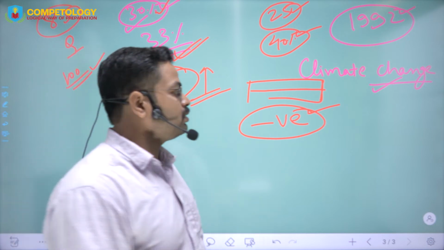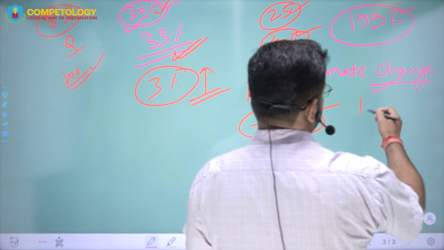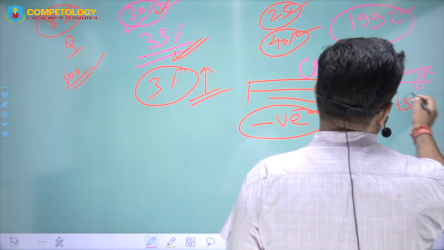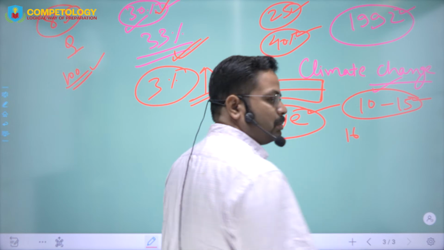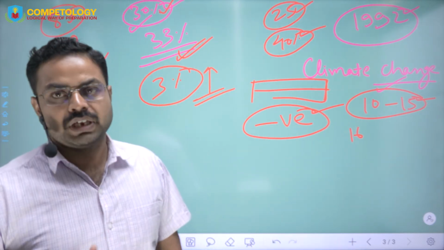Even if you don't know the answers of around 10 to 15 questions, and if you go on to do the wild guesses, चलो 16 मान लेते हैं, because it will become easy for the calculation.